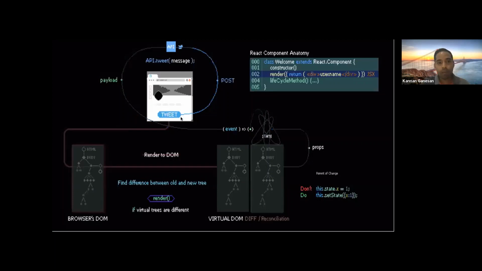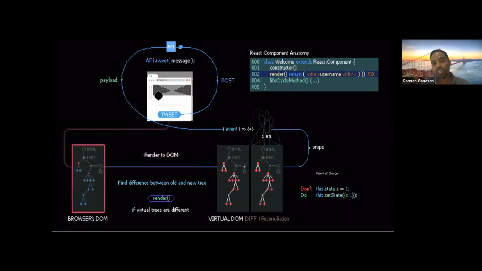So when a tweet happens, you can see the virtual DOM diff, how it does. It has an old tree and a new tree, and it will compare both and find out what was changed, and only the changed portion will be updated in the browser DOM. So previously in JavaScript, we don't have this kind of two different calculations.